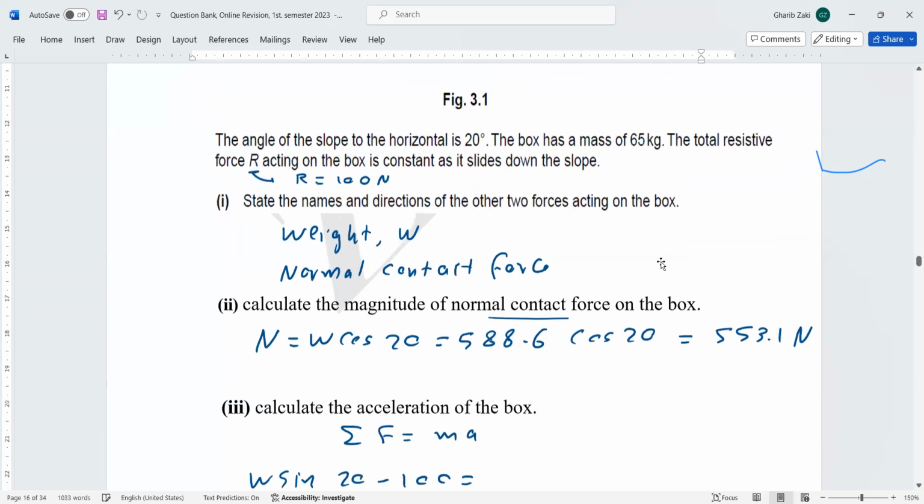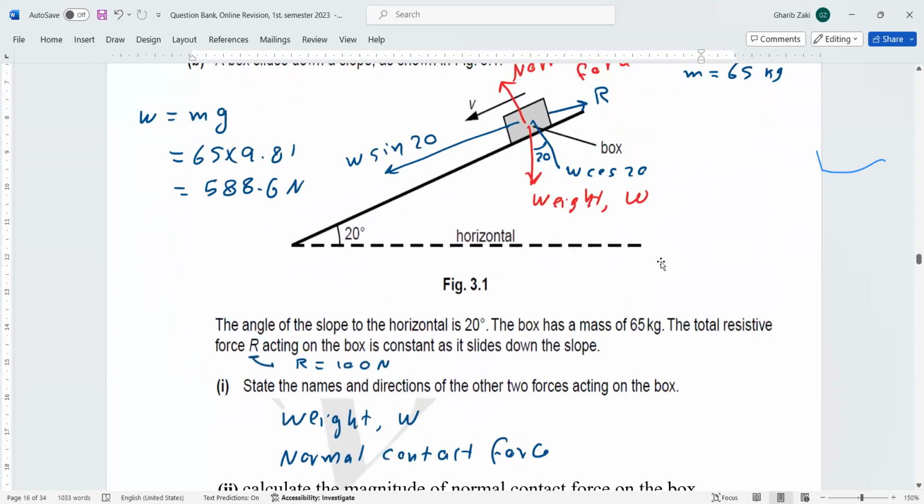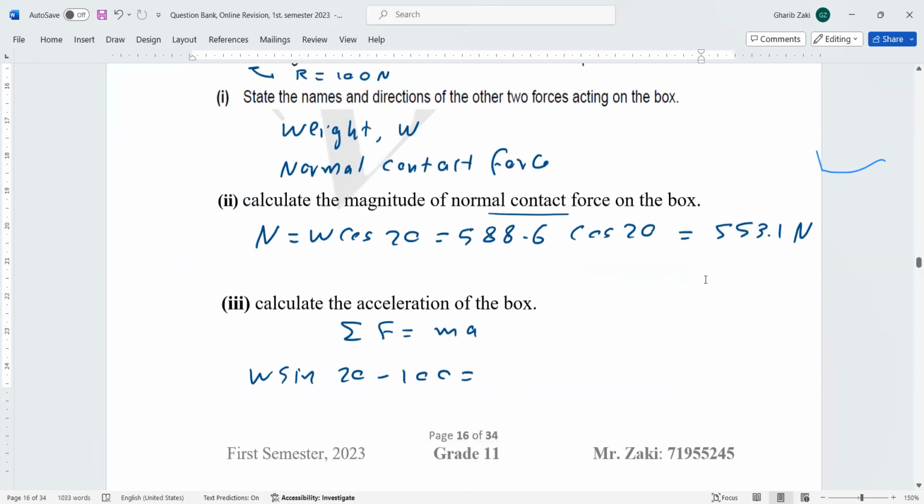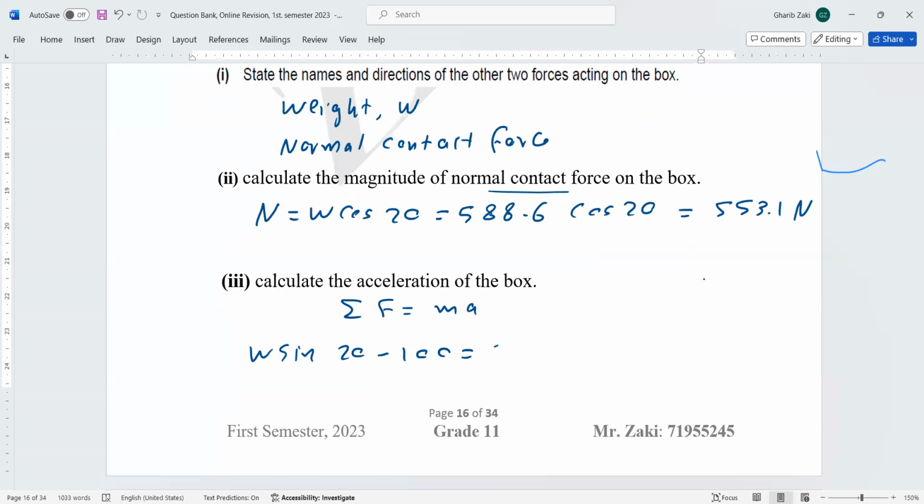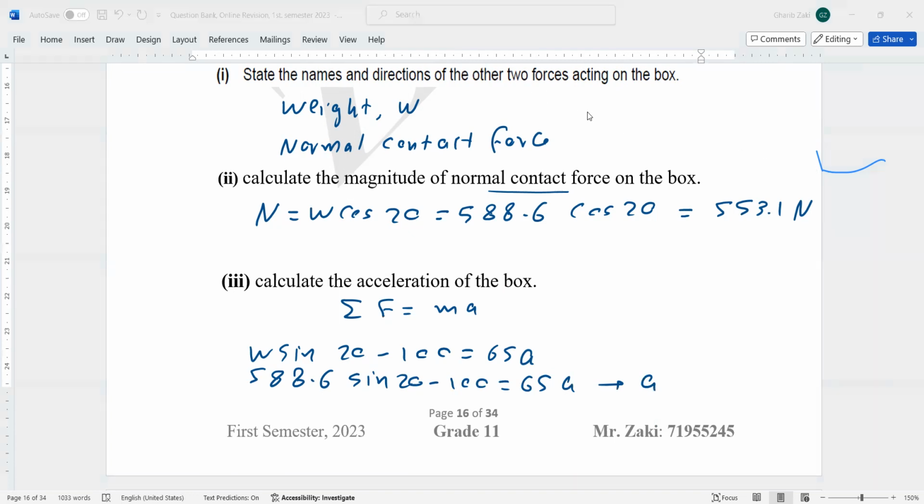M is given in the question, it is 65. W we already know is 588.6. So 588.6 sine 20 minus 100 equals 65a. From this, we can get a. Let us see which one we enter.